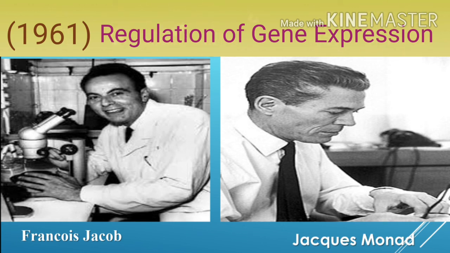This helped in uncovering the genetic codes hidden in the DNA. Thereby, the technique of recombinant DNA technology emerged, which has a vast scope in the field of genetic engineering.